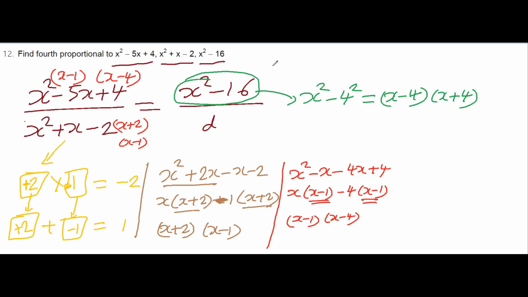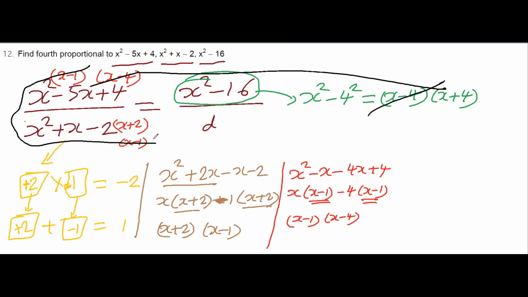Now you will observe that from here x minus 4 and x minus 4 I can cancel, and x minus 1 and x minus 1 I can cancel, and ultimately what I will get? Ultimately here I will get 1 upon x plus 2 is equal to x plus 4 upon D. All right, so now we can cross multiply.